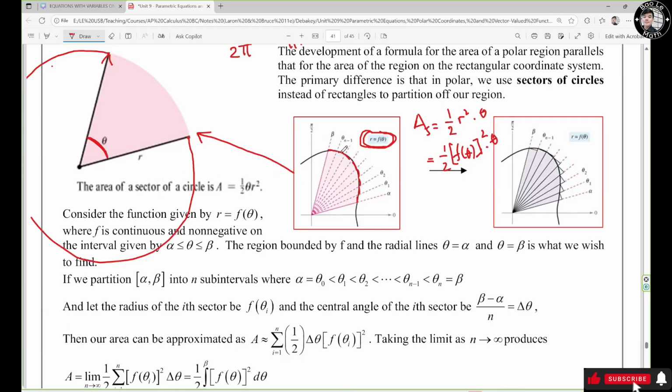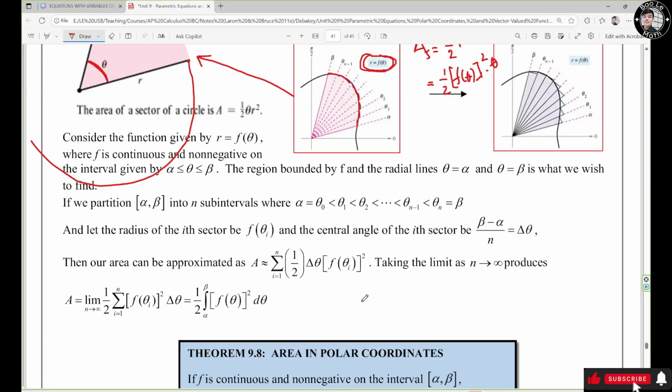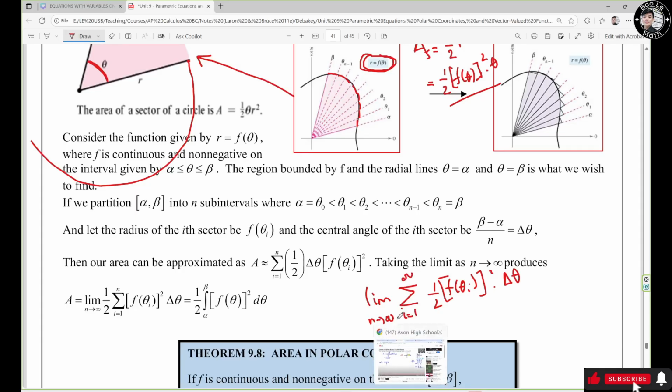Now suppose I have infinitely many sectors, which means n goes to infinity. So I'm going to use limit notation: the limit as n approaches infinity of this sum, with i going from 1 to n.